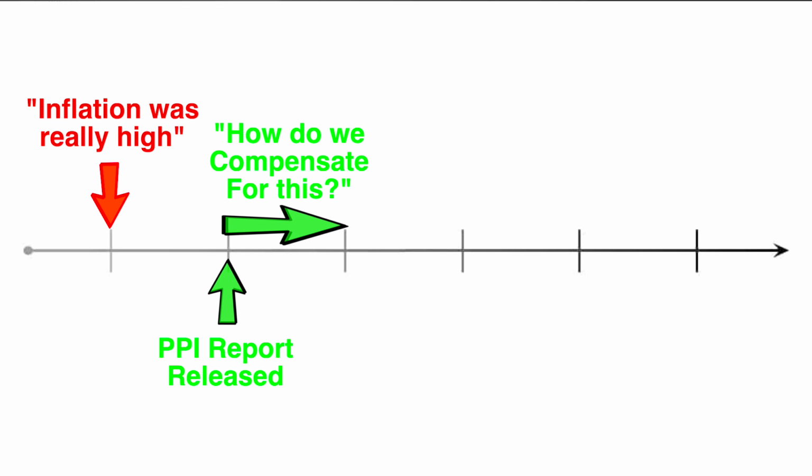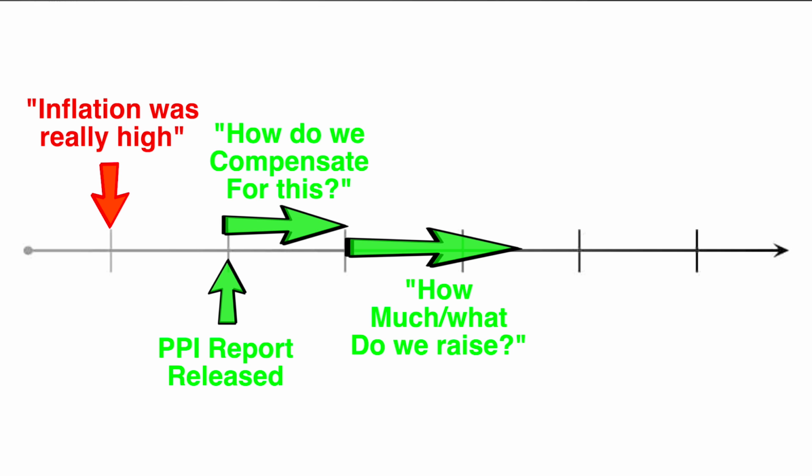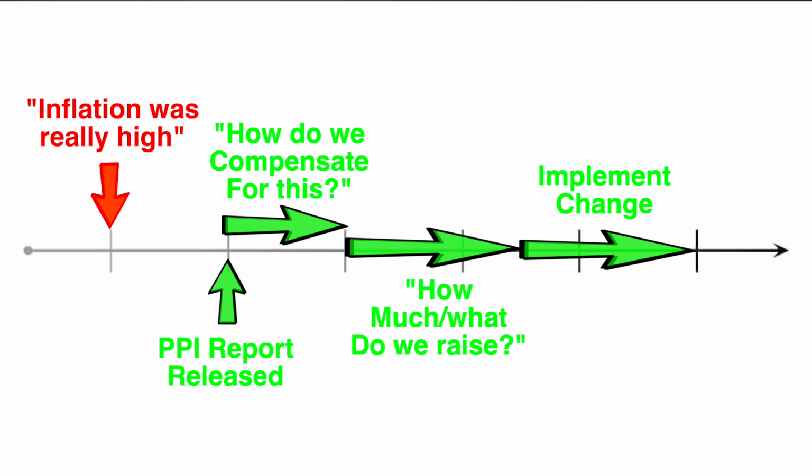Then they're going to spend another month or maybe even 2 figuring out how much to raise prices, what products to raise prices on, and how much to raise prices on these individual products. Now they've figured it out. Now they're going to spend another month or 2 implementing that price change. They can't just switch it overnight. They got to implement it. They got to make those products, send them out to the companies, sell them to those companies for more. And then those companies are going to raise the prices on you. It's going to take a while.